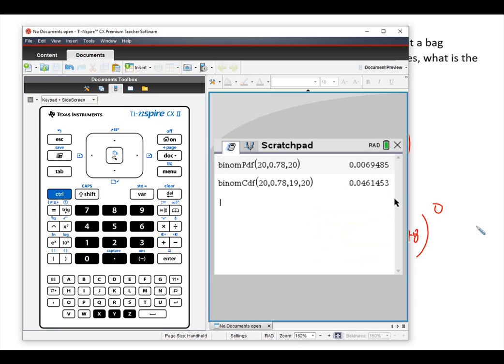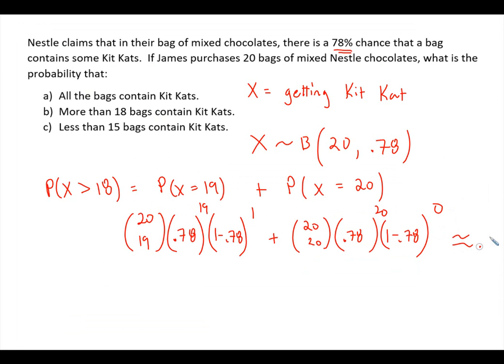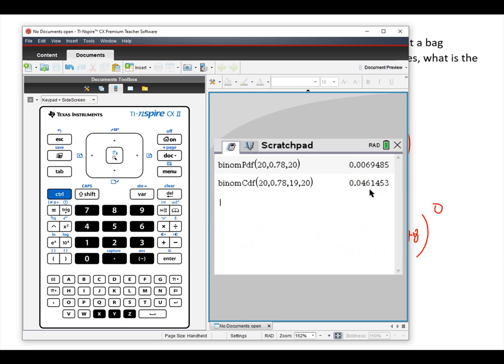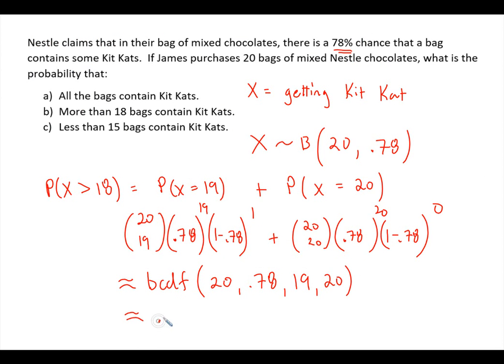We get approximately 0.04614. Written out, binomial CDF has 20, 0.78, lower bound 19, upper bound 20, and our answer is 0.04614. That would be the answer for part B.